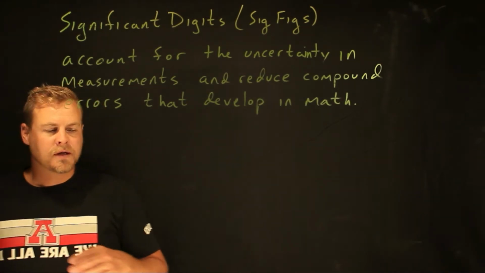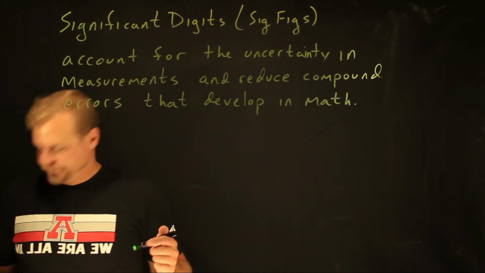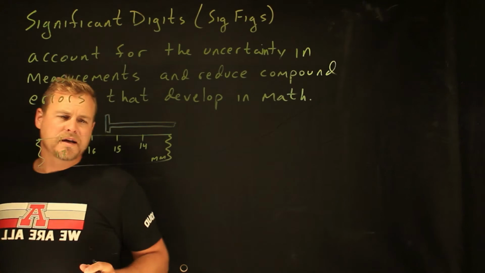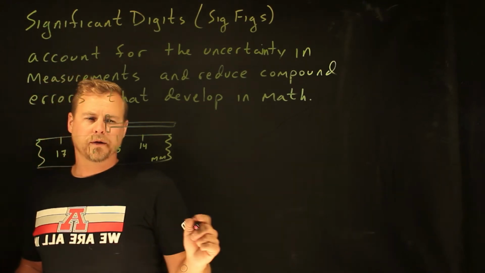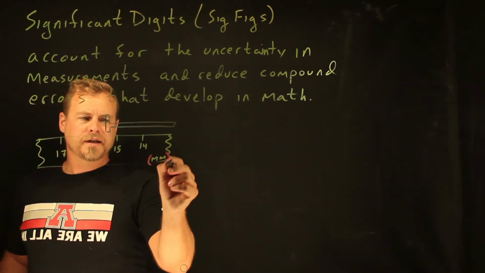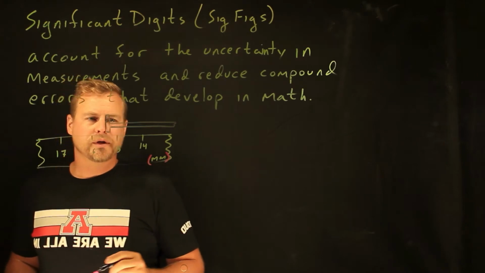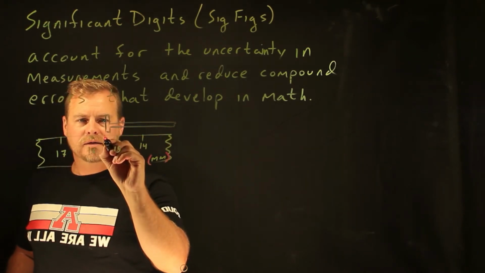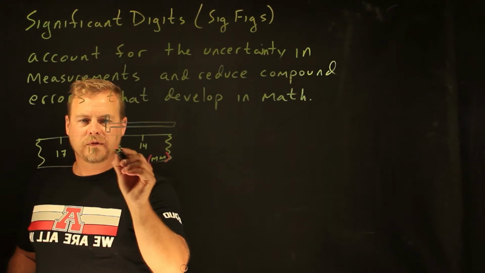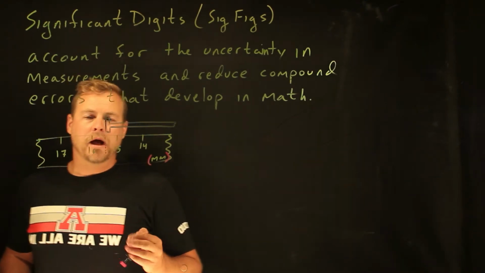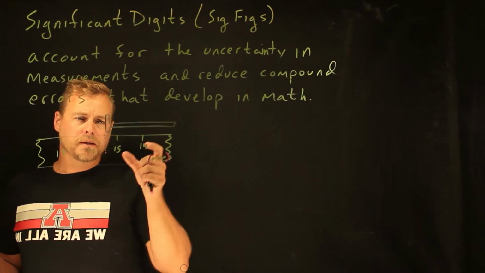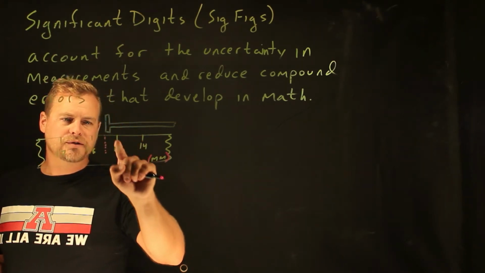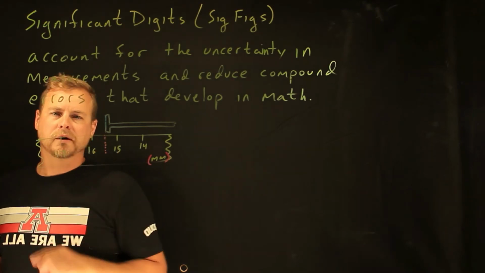So if you're measuring, say, the length of a nail, I put my ruler up to this nail, and you'll notice that it's in millimeters. That's important, that's a unit. And you would notice that the nail head lines up somewhere between 15 and 16. Now, my ruler is only precise enough to measure to the nearest whole millimeter, right?